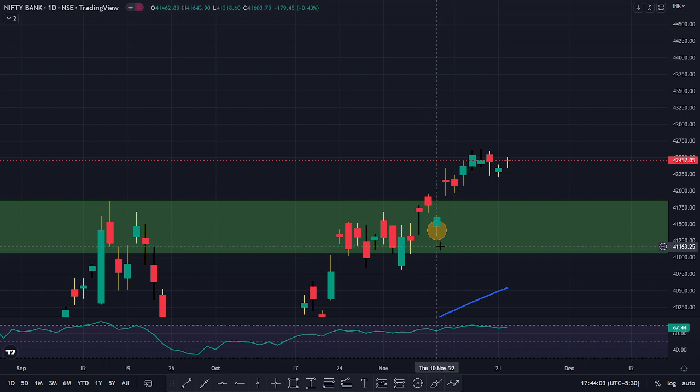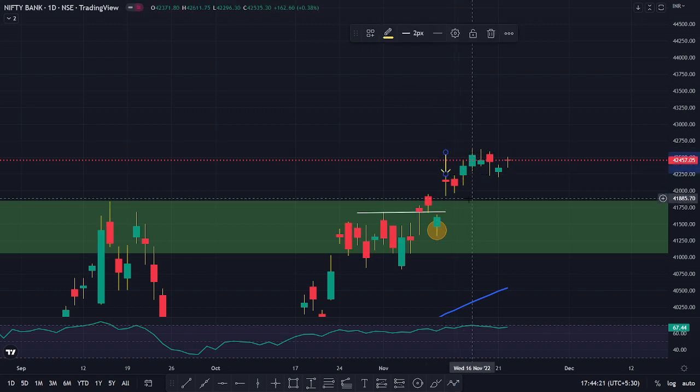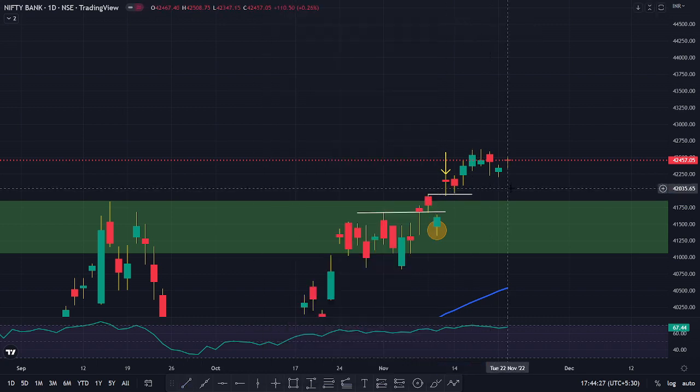This candle was a retracement candle. Then the swing high got broken, and we had a nice retracement to the downside. These two red candles right here are also a retracement, which retraced till this red candle's wick, right? So this is what happened on the high time frame.